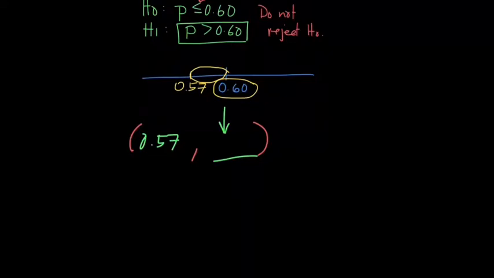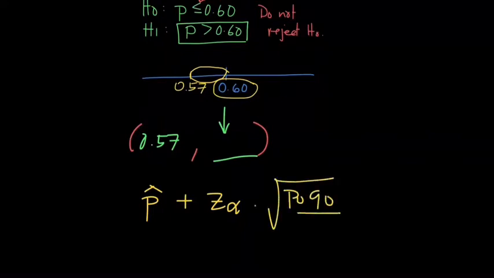So we have the sample proportion plus the z of alpha. We do not take the half of the alpha because this is a one-sided confidence interval that should be linked to the one-tailed test. Z of alpha times the square root of p sub 0 q sub 0 over n.